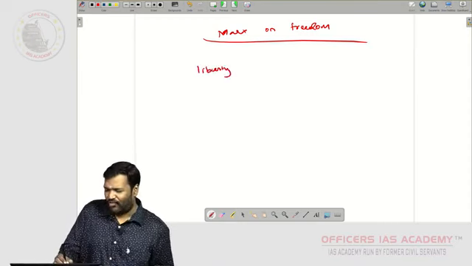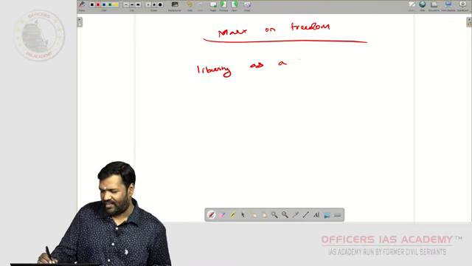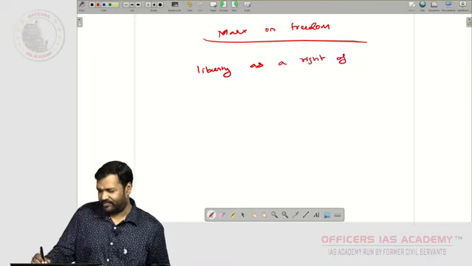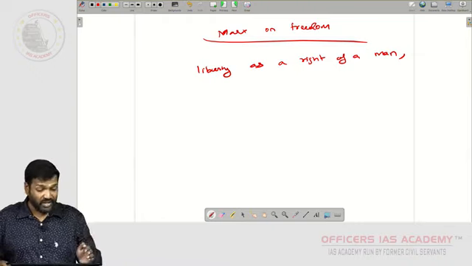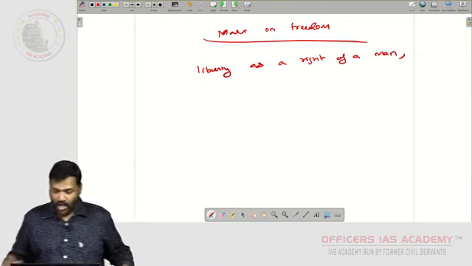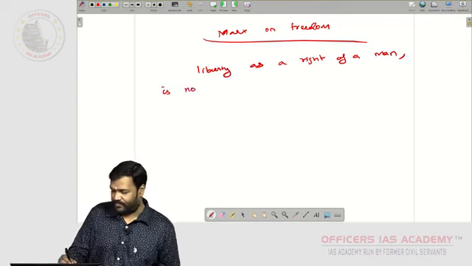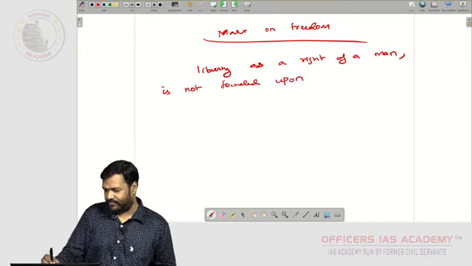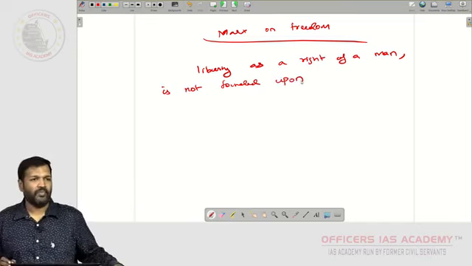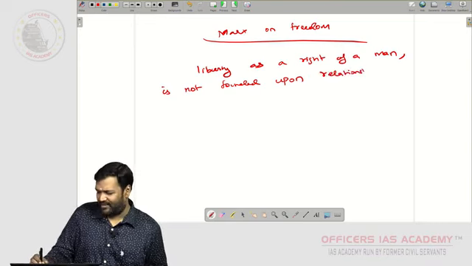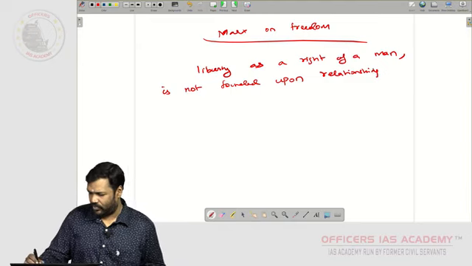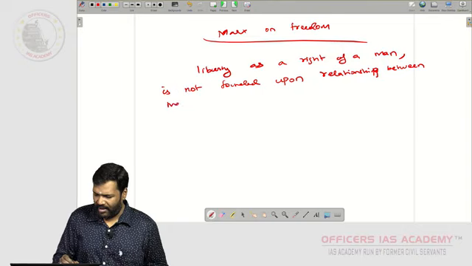Liberty as a right of a man. Marx writes, liberty as a right of a man is not founded upon the relationship between man and man.